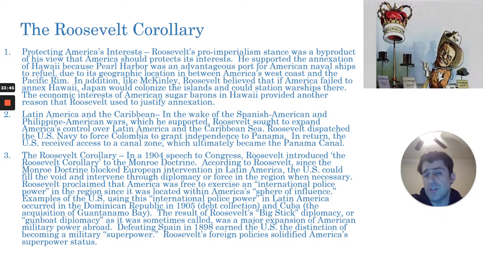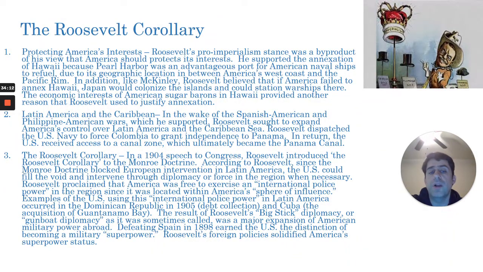The Monroe Doctrine had been an American foreign policy, I should say, that had been enacted during the presidency of James Monroe in the early decades of the 19th century that more or less blocked European intervention into Latin America.